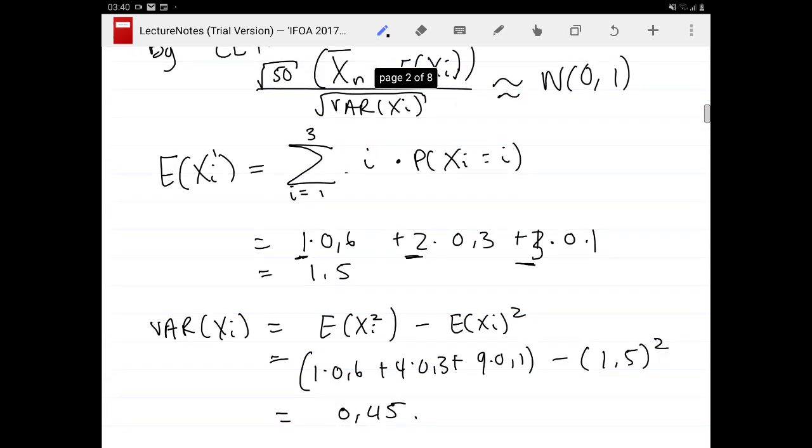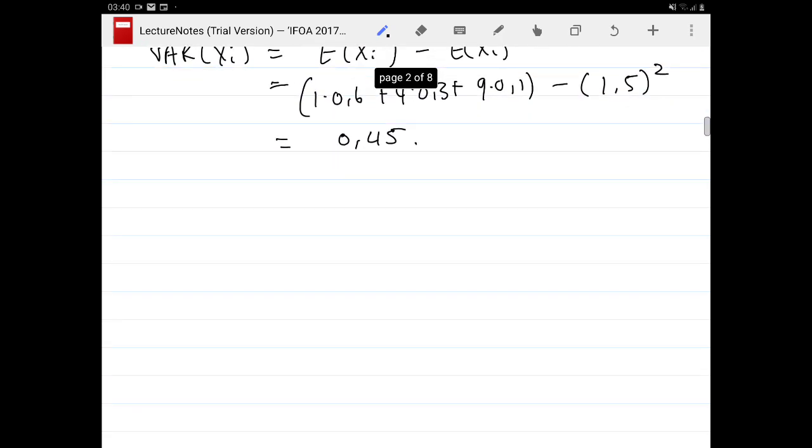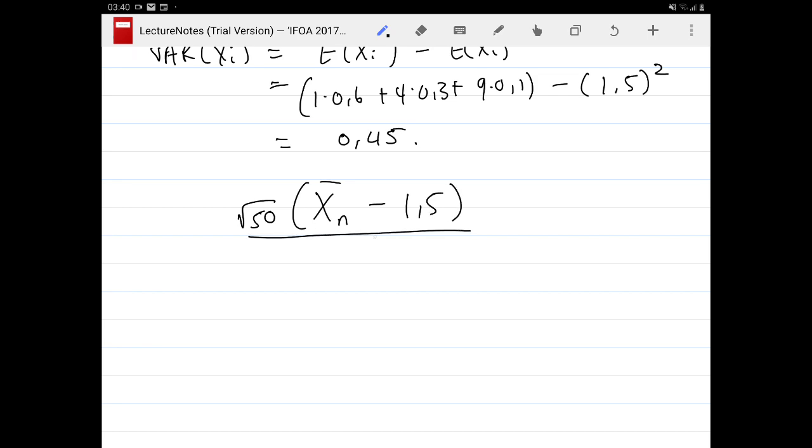So then using the central limit theorem, we know that the square root of 50 times X_n bar minus 1.5, divided by the square root of 0.45, is approximately normal(0,1). And now, in order to get this X_n bar, we need to reverse our standardization. Here we've standardized it to be a standard normal random variable.